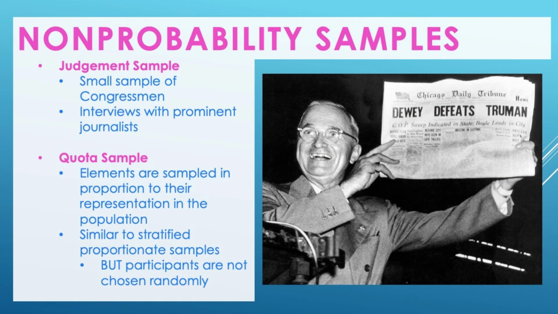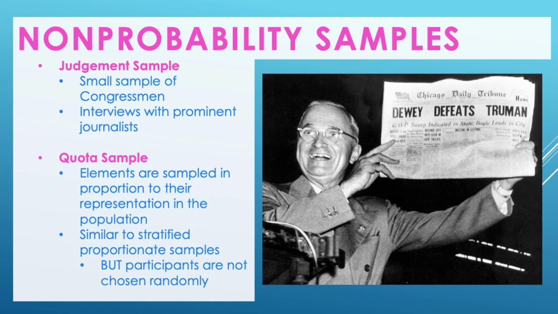And just to explain why the Dewey defeats Truman is on this slide, I feel like I have to mention that. A straw poll is another example of a non-probability sample. And the classic example is Literary Digest putting mailers in its magazine trying to predict whether Dewey or Truman was going to win the election. That's like a horribly flawed polling method. We kind of talked about it in this lecture already too, right?